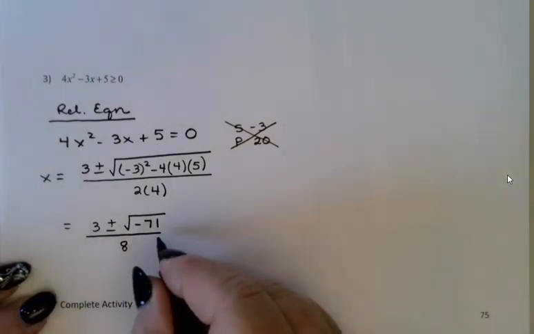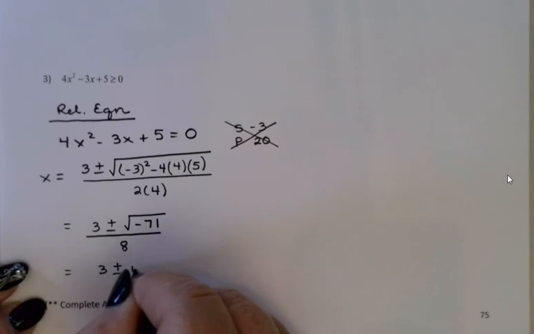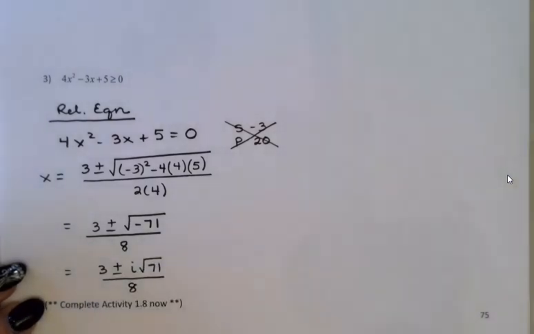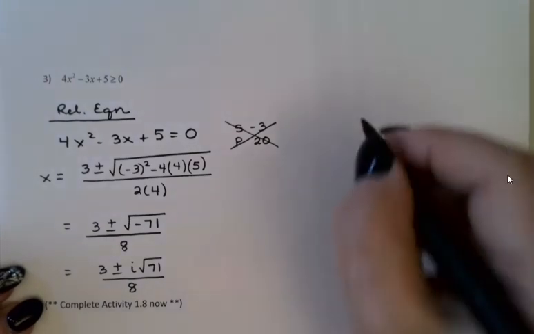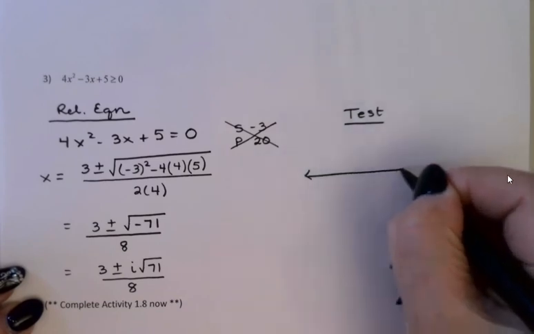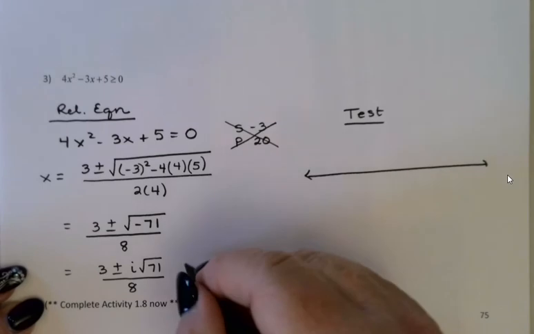And it looks like I've only got imaginary solutions. Just like when we were looking at graphical solutions in the last section, on a number line, there are no places to put imaginary numbers. So when I go to do my test this time, there are no values to put on the number line.